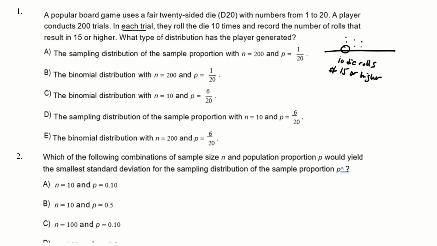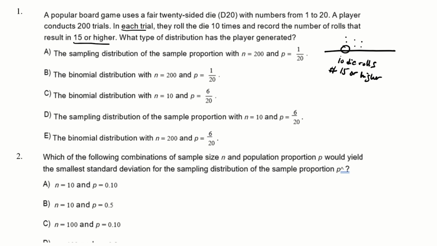Now we're looking for a specific result of 15 or higher, which means that we're looking for a criterion of success. So in this distribution you have either 15 or higher or you do not, and so that's going to be a success or failure, right? That would be like a binary situation.